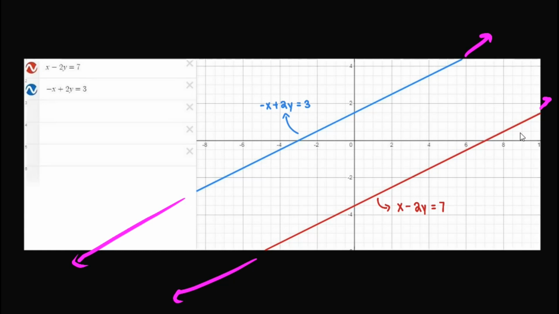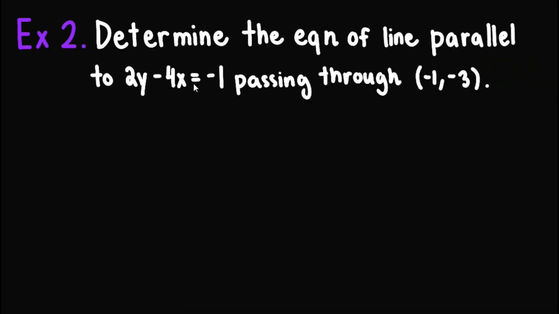Now that we know how to determine if an equation of a line is parallel, we now try to show a nice application of it through the next example. In this one, we are tasked to determine the equation of the line parallel to 2y minus 4x equals -1, passing through (-1, -3).